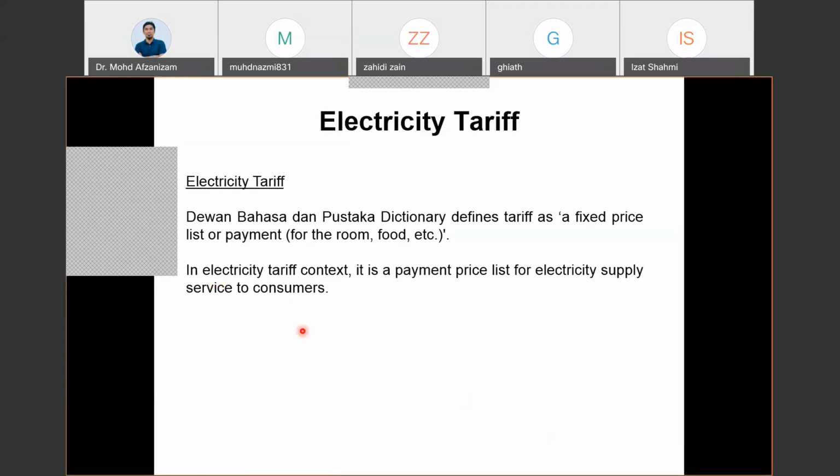Basically, the tariff is a crucial value or number that is set by the electricity provider to be charged to the consumer or user. So we, the user or consumer, need to wisely use all the energy, and if not, we need to pay according to the electricity tariff.